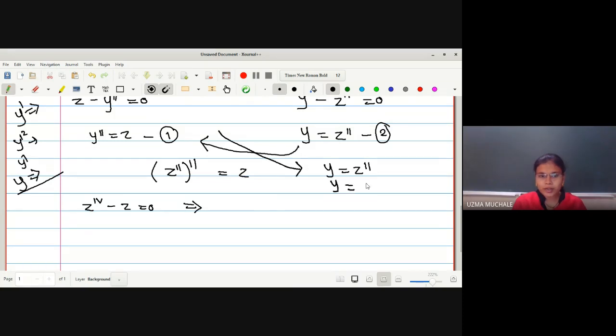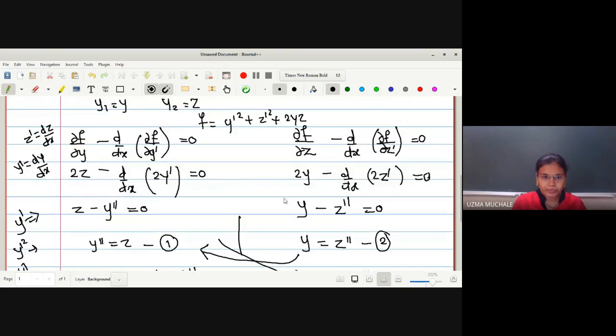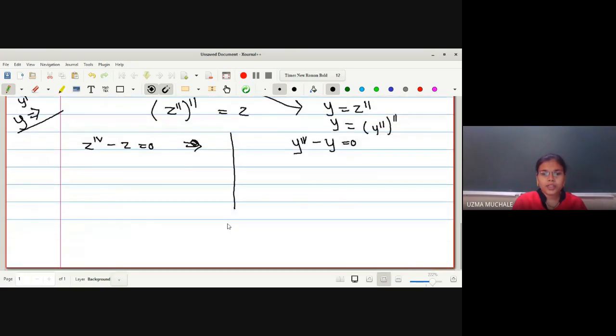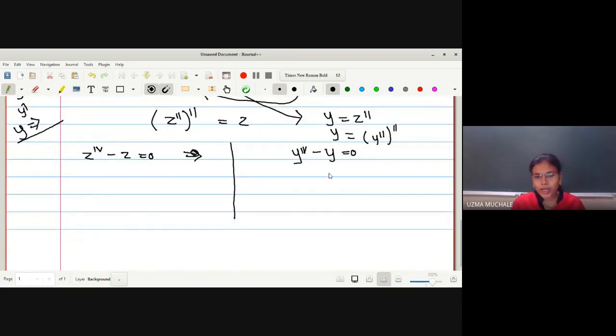So y is equal to, the value of z is nothing but y double dash, and this double dash will be as it is. So in this equation we can write y fourth minus y is equal to 0. You can solve any one of these two equations, because these two equations are combinations of one another.